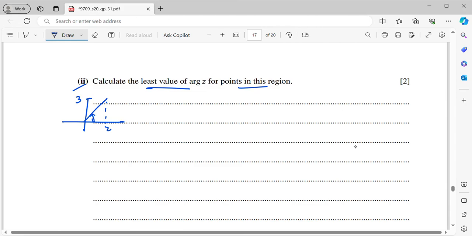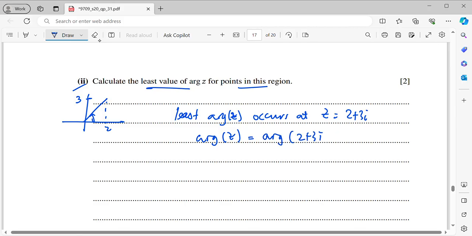So the argument, right, you can just write here the least argument of z occurs at z equals 2 plus 3i. So to get this argument, argument z equals argument of 2 plus 3i, which is inverse tangent of 3 over 2.